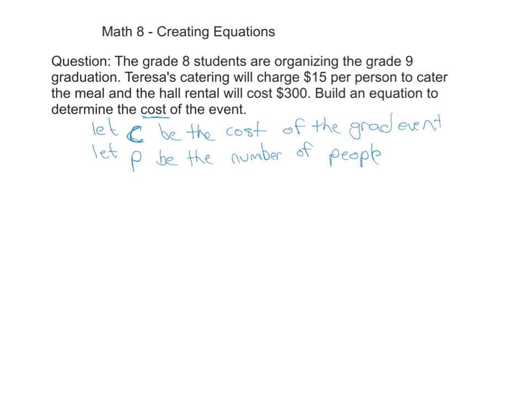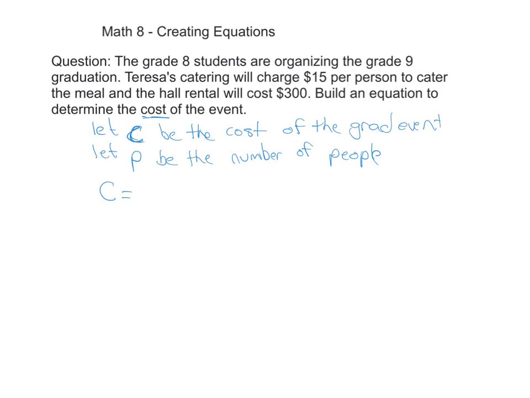So here's what we're going to do. We're going to try and figure out an equation that would calculate the right cost of this event. We'd like to have C equals, the cost is equal to something. How do we go about doing this? There's a couple of ways.